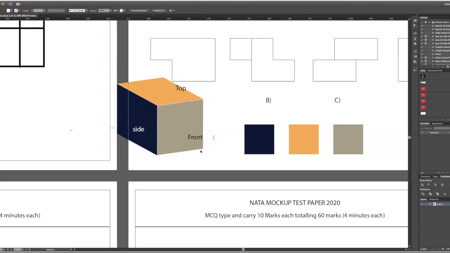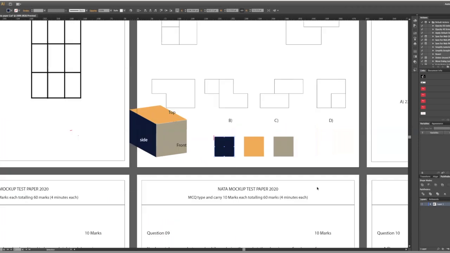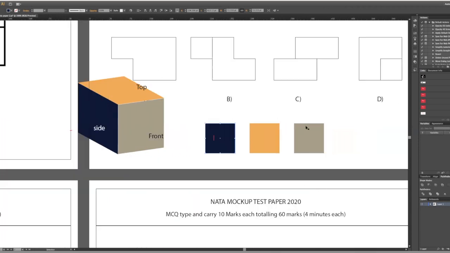Now tell me, among these, which is the front view? This one? Front view.